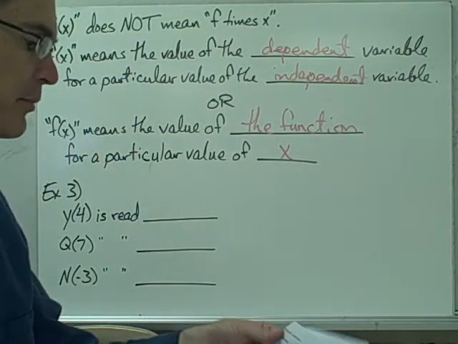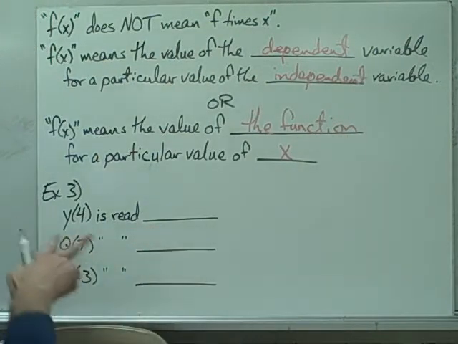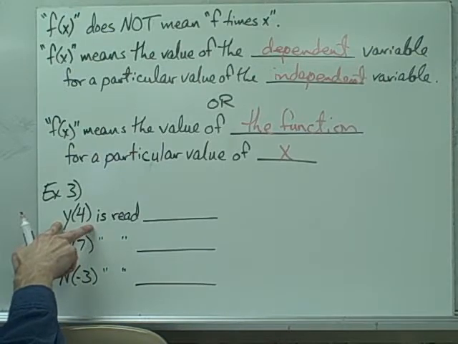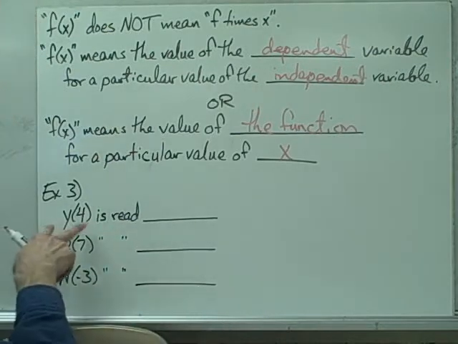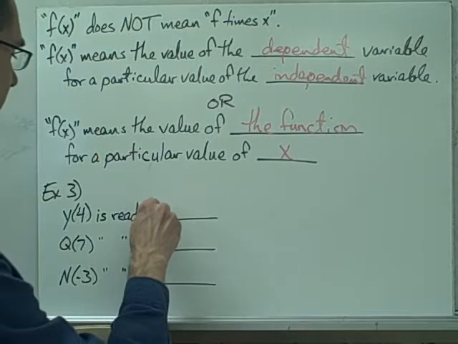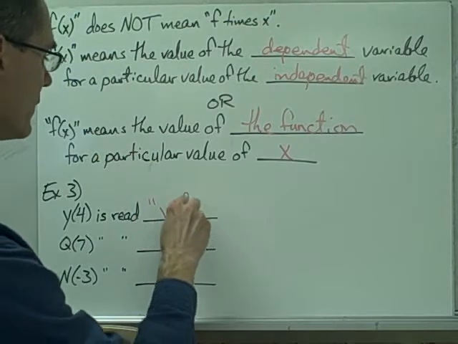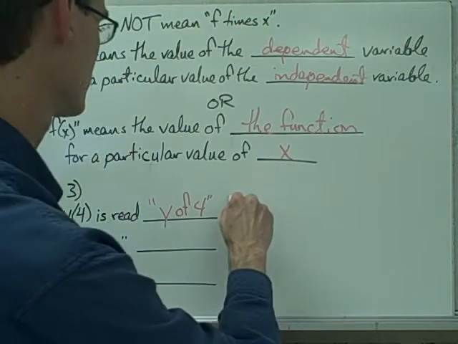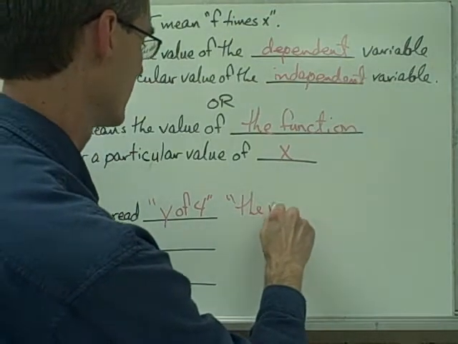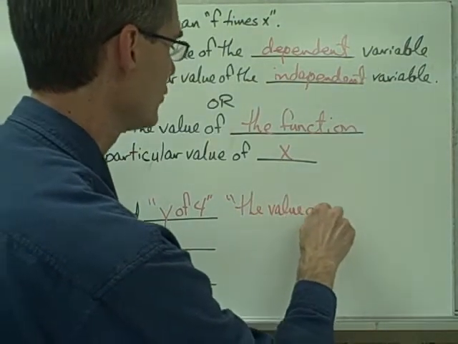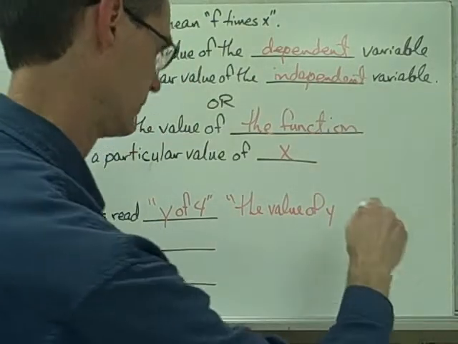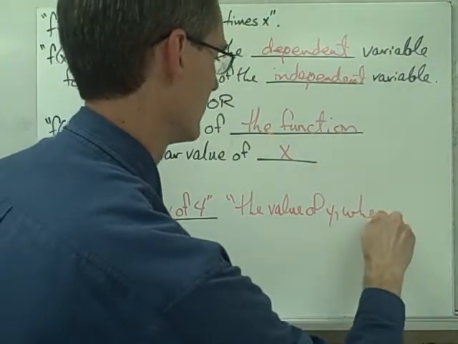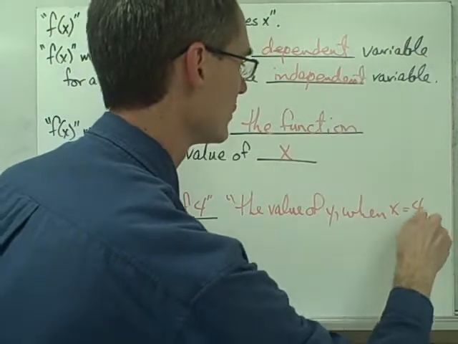So example 3, here we have an expression that is in combined function notation, and this is read y of 4. What it means is the value of y when x equals 4.